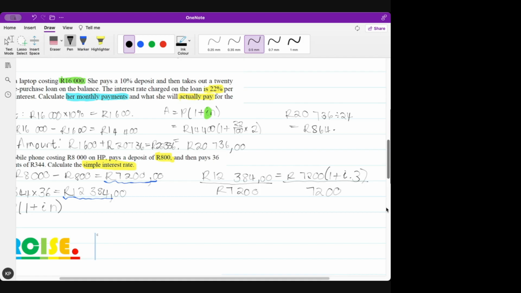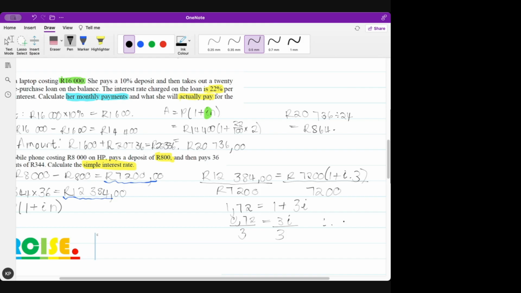Let's check. I know you guys already have the answer. 12,384 divided by 7,200 gives you 1.72. Minus 1, so it's 0.72, divided by 3 on both sides.